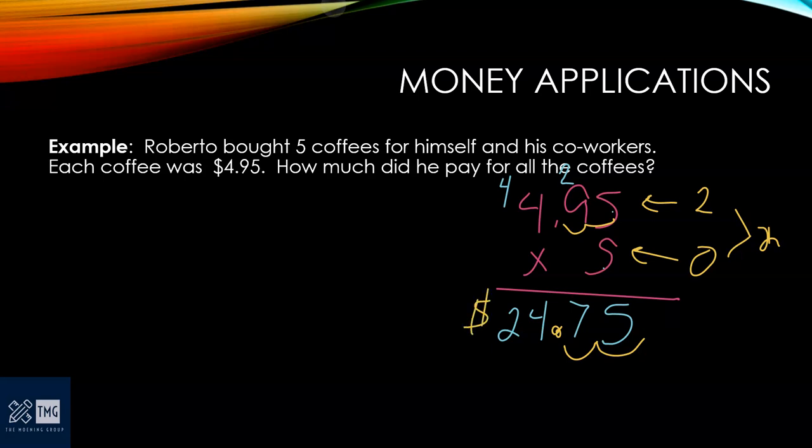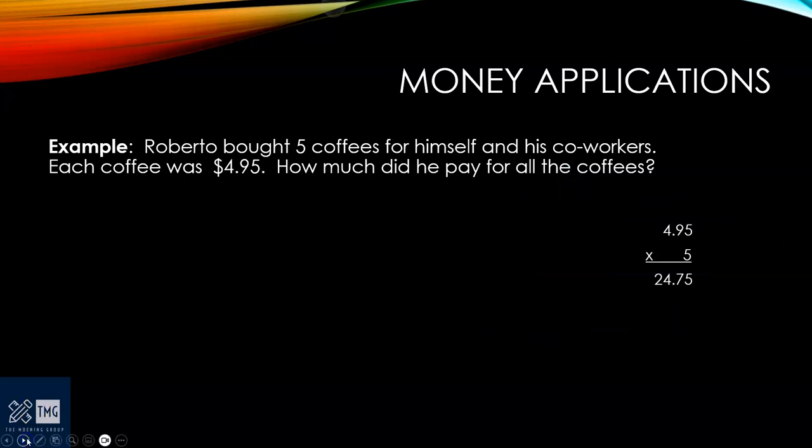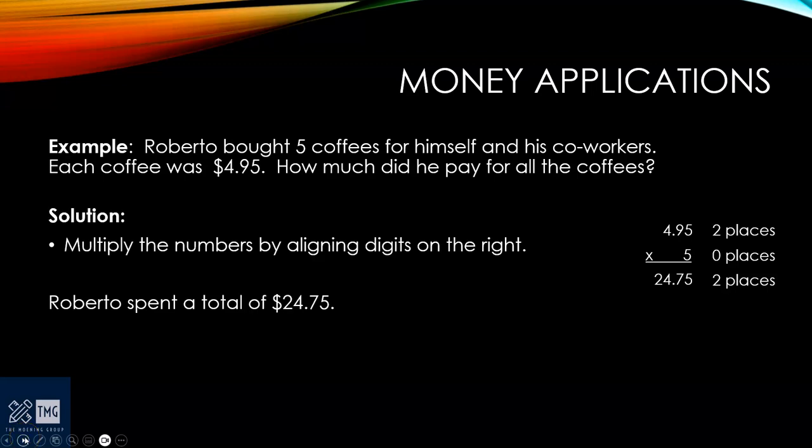So Roberto spent $24.75 on coffee. Make sure you keep track of how many decimal digits you need when multiplying with decimals.